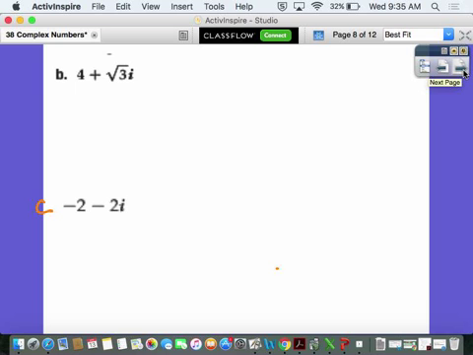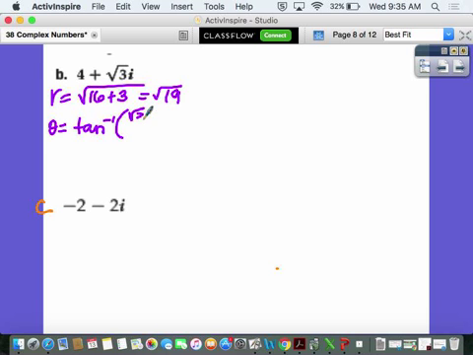So for B, what was your R value? Radical 19. Very good. You should have done 16 plus 3 to give the square root of 19. And then theta, you should have done the tangent inverse of square root of 3 over 4, and you got what before you did anything? 0.409.